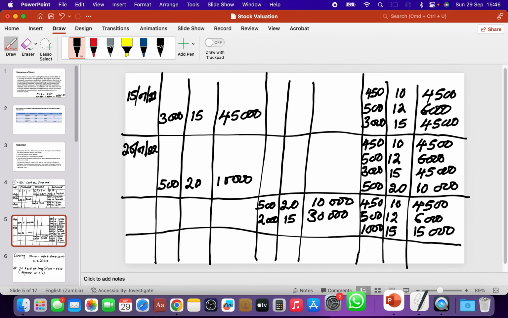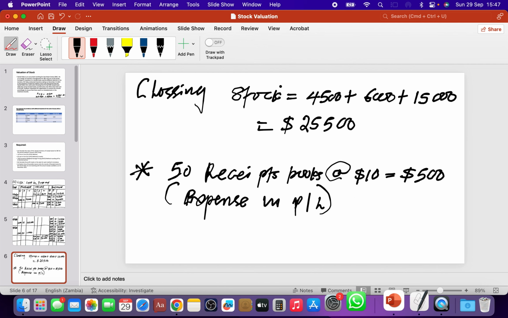I multiply this by these prices to give me the value of stock. It therefore means that the closing stock in the month of January 2022 using LIFO will be 4,500 plus 6,000 plus 15,000. This is what I've demonstrated here. 4,500, 6,000, 15,000, which comes to 25,500.